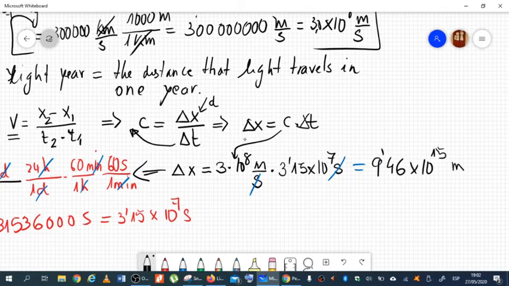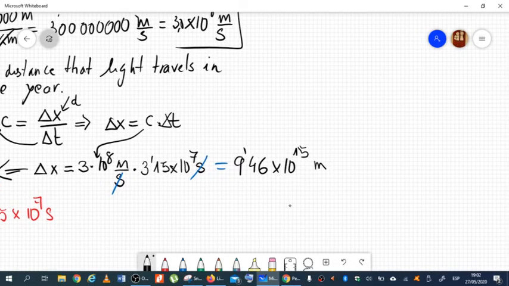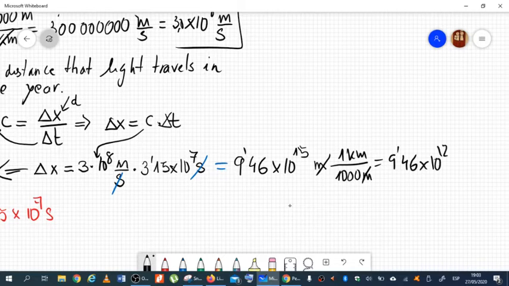Or, if we want to pass them to kilometers, dividing by 1000, it is 9.46 times 10 to the power of 12 kilometers.